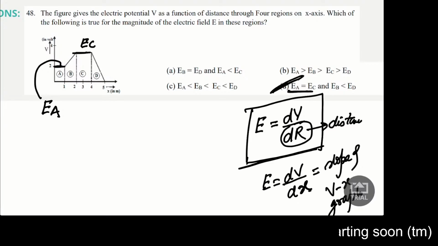Then I don't have to think about positive or negative, a negative potential gradient, correct? Direction-wise, one increases and the other decreases. Now they have asked for the magnitude, so the mod value. Negative we are not considering. Clear?